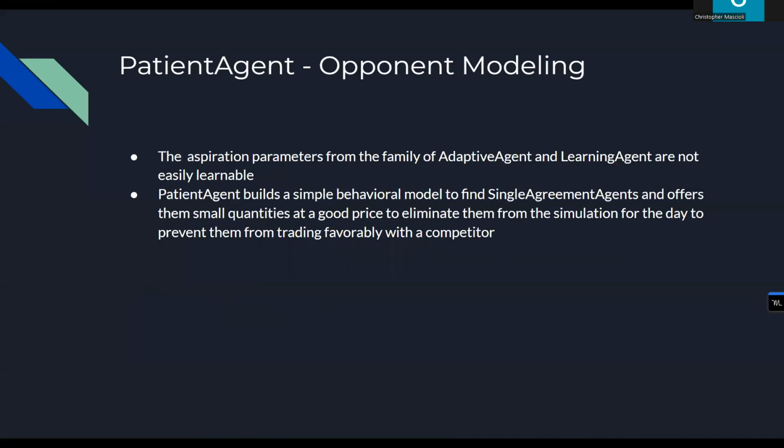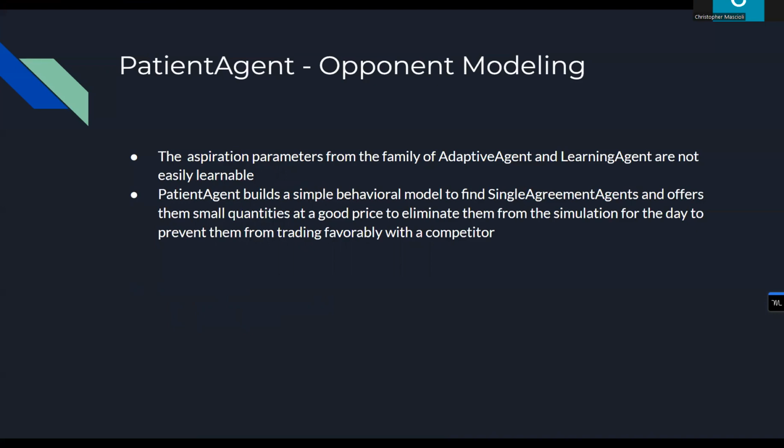The last component of PatientAgent is that it has this opponent modeling attribute to it. What it's trying to do is figure out how best to respond to its opponents. So I tried to do a best response to AdaptiveAgent and LearningAgent, but it's really hard to learn their aspirational parameters and see how they're going to change their price next, just because there's so much going on in the world that you don't know about.